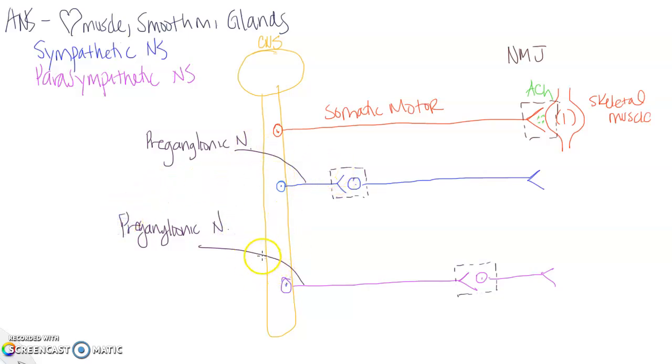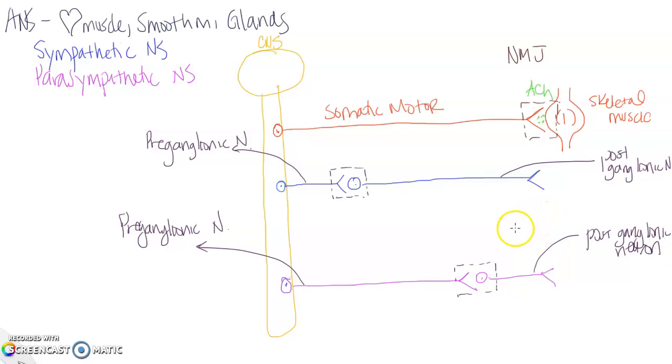This one down here is parasympathetic. Okay, so on this side, this is the postganglionic neuron. Over here it's the same, postganglionic neuron. Okay.